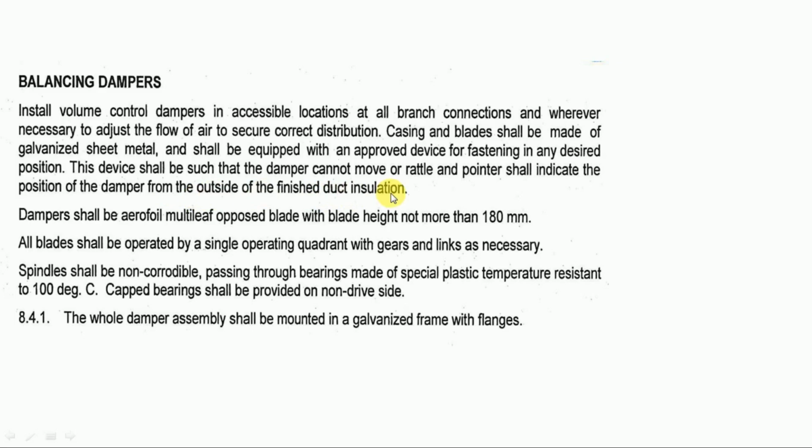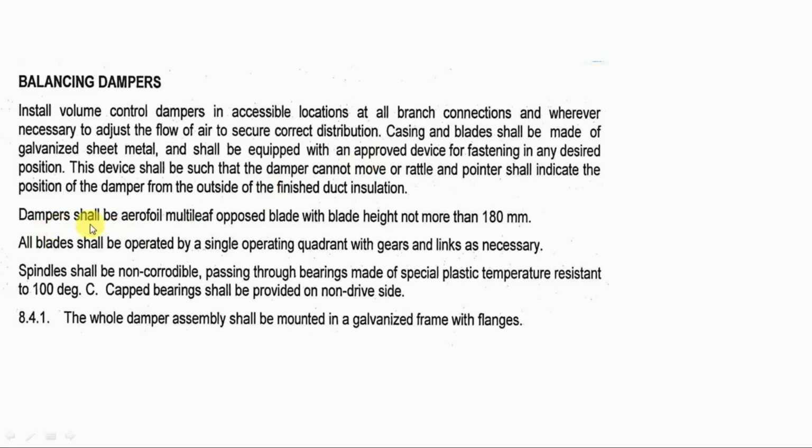Basically this part is explaining the quadrant, the handle and the lock nut. He's telling that once we balance the damper, people should be able to identify in which position the damper is. That is exactly the purpose of the lock nut. Once we balance the damper with the handle, we'll lock that position with the lock nut. So basically that is what he's asking.